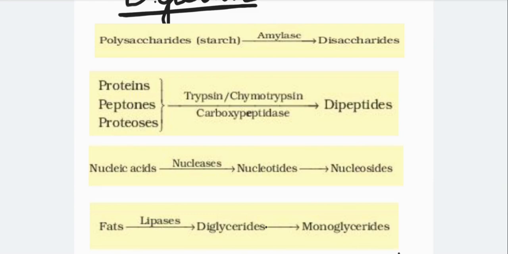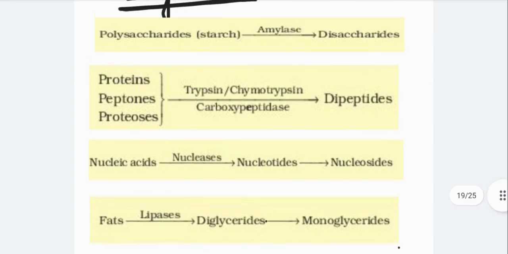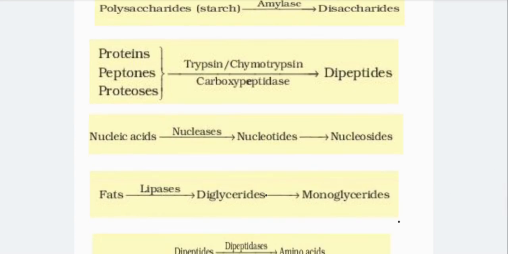All these are proteolytic enzymes. These are secreted in the form of trypsinogen and chymotrypsinogen, but they are then activated to form trypsin and chymotrypsin, which help to break down complex proteins into dipeptides and finally into monopeptides.